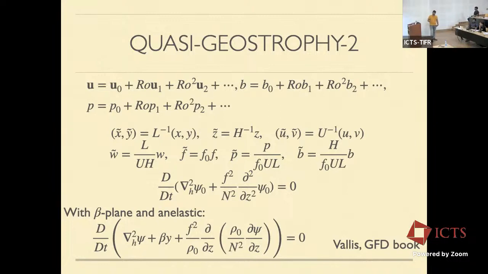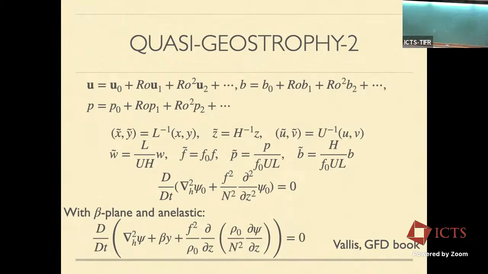So if you add this beta effect of variation of f, and if you add what is known as the anelastic description, right? If the variations of the density are comparable to the background, you can write down a more generalized QG model. The advantage with that is that given a field psi, there's just a single variable which helps us to evolve the system of equations, right?